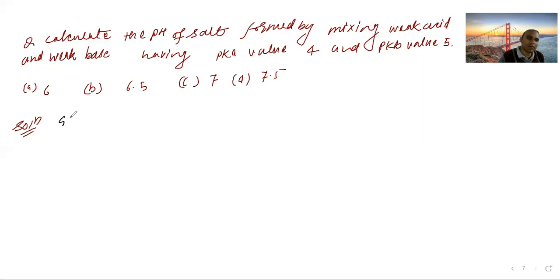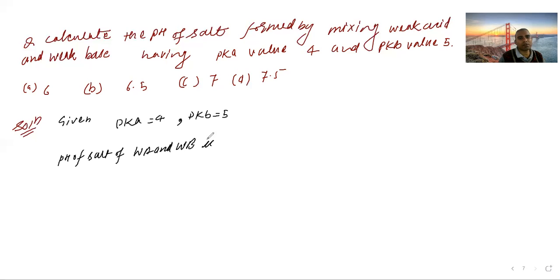Firstly, write given: pKa is equal to 4, pKb is equal to 5. The pH of the salt of a weak acid and weak base is 7 plus 1 by 2 (pKa minus pKb).